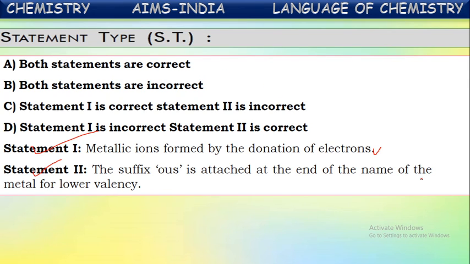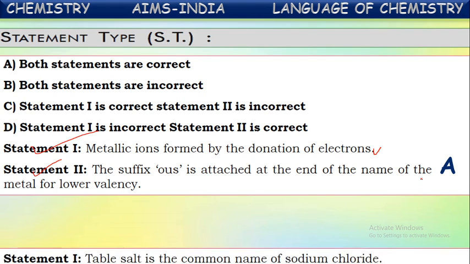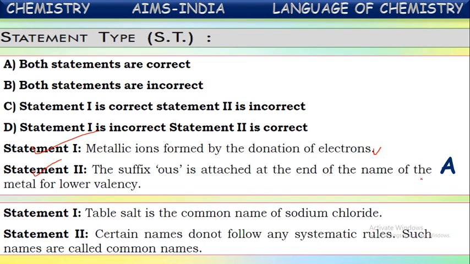Then what will be the correct answer? A. Next one. Table salt is the common name of sodium chloride. Yes, table salt, common salt, rock salt. These are the common names or trivial names of sodium chloride. This is correct. Second statement.